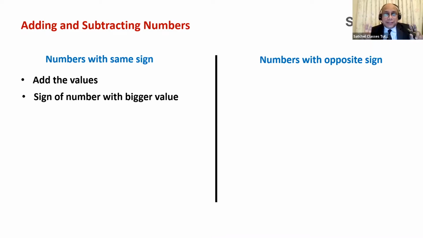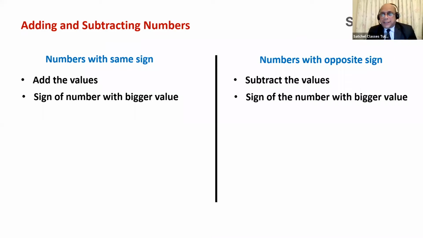We add them and the sign of the final answer will be the same as the sign of the number with the bigger value or the bigger magnitude, right? On the other hand, in case of numbers having opposite signs, we subtract their magnitude or subtract their values. And once again, the sign of the final answer will be the sign of the number with the bigger value.